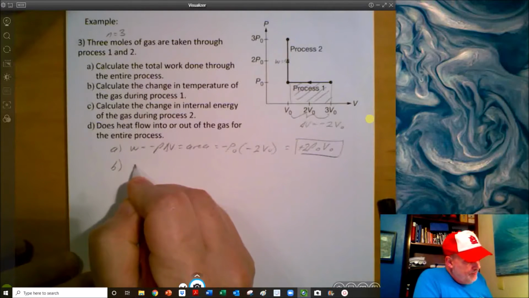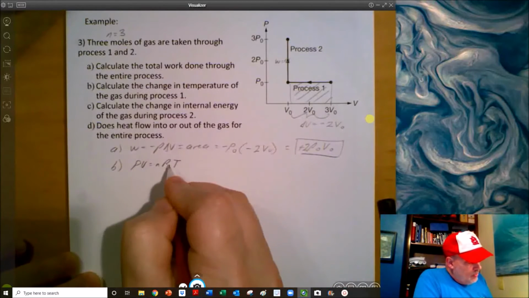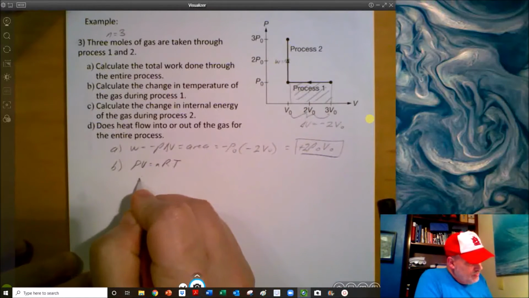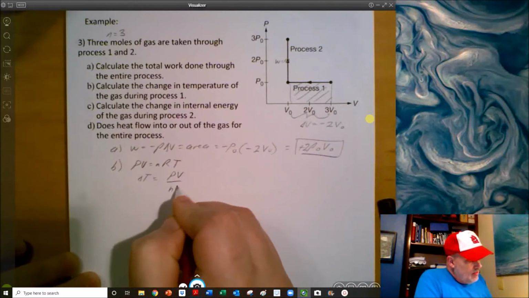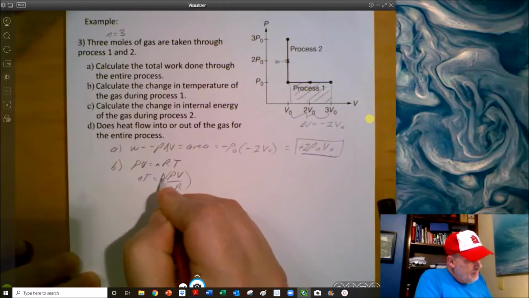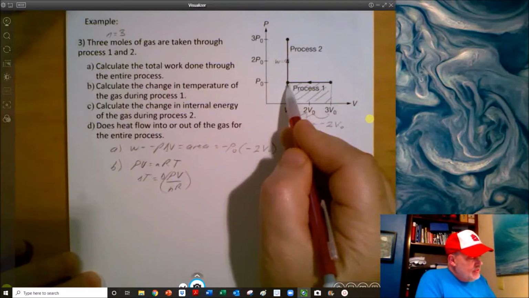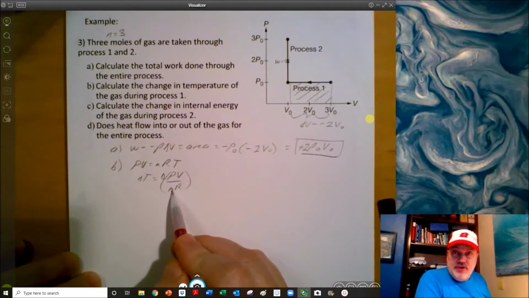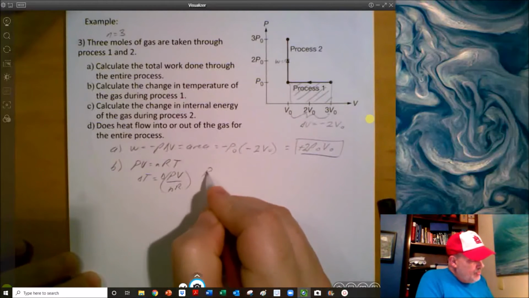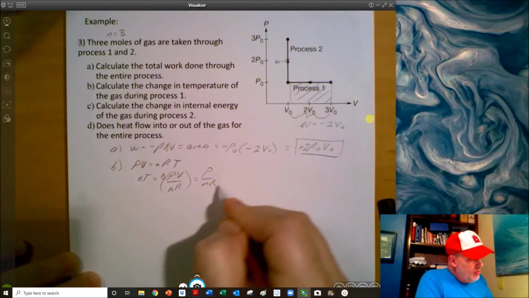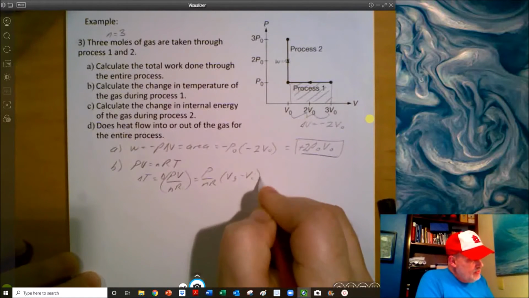Well, remember PV equals nRT, and so change in temperature would just equal PV over nR, whatever the delta is for that. And notice the pressure is not changing, and the number of moles won't be changing, and the universal gas constant will never change. So we end up with P over nR times delta V, which would be V final minus V initial.